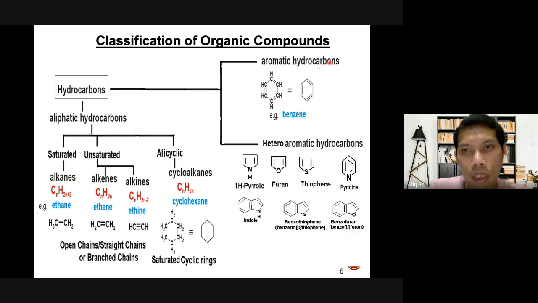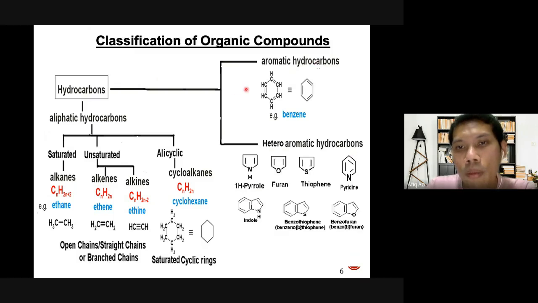For aromatic hydrocarbons, the example used here is benzene, and you can also have heteroaromatic hydrocarbons like pyrrole, furan, thiophene, and so on. The word hetero refers to the heteroatoms, which are N, O, and S: nitrogen, oxygen, and sulfur. But being in this cyclic form, it still maintains its aromaticity.